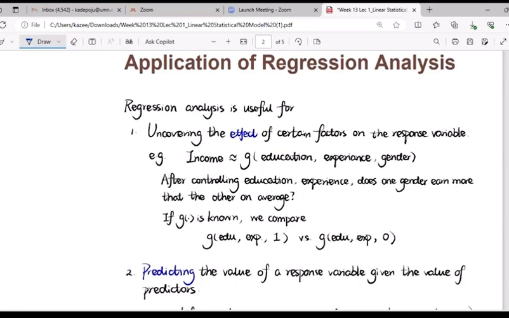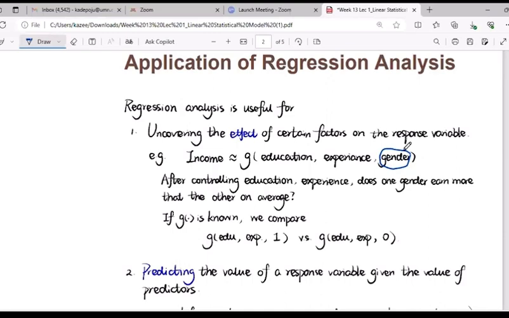For instance, I may want to look at the effects of gender, experience, and education on income. And maybe my primary variable of interest is gender. If you take a look at gender, male or female, if this is the primary variable of interest, that's going to be categorical.